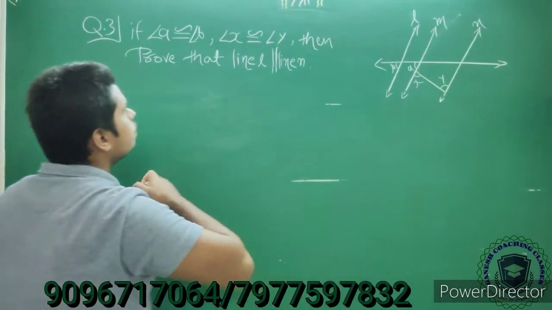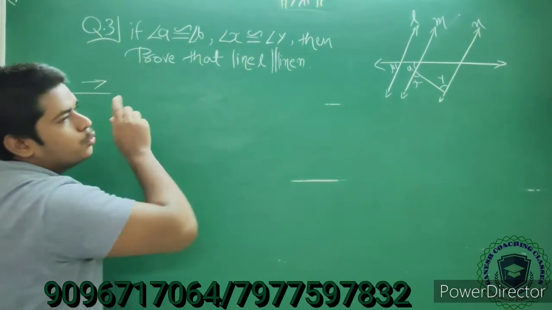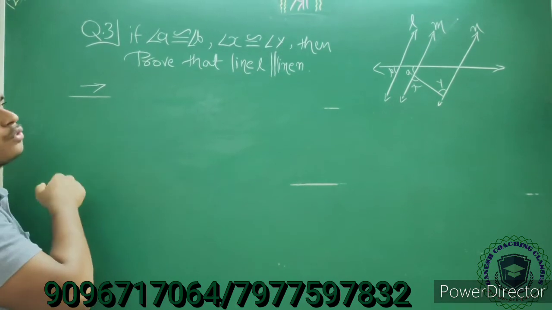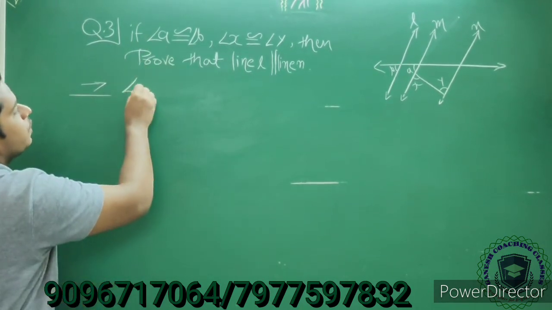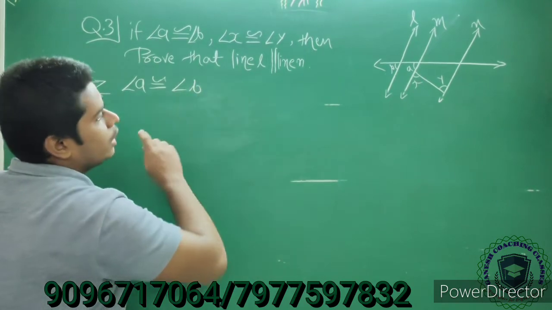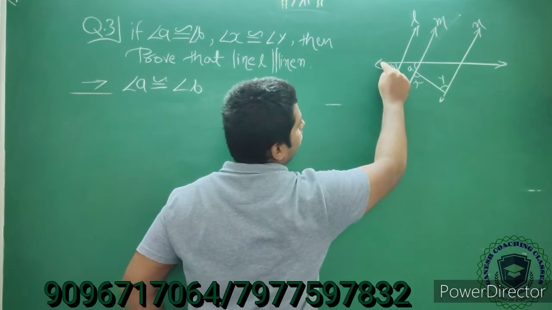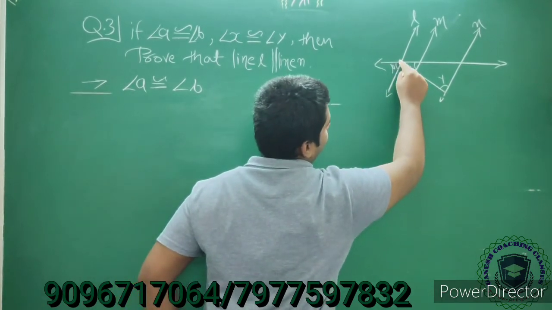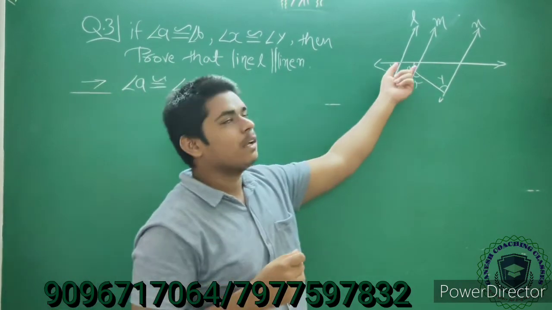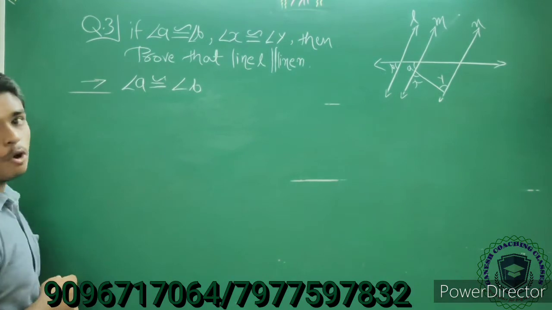We have to prove that these two lines are parallel to each other. First of all, we have to use those concepts. In the first case, it is given that angle A is congruent to angle B. Looking at the figure, angle B looks like this 7, and this also looks like 7, which means these two angles look alike, so they are corresponding angles.